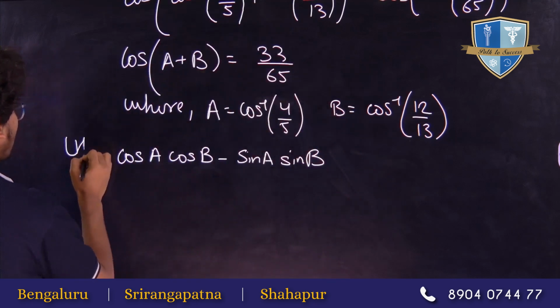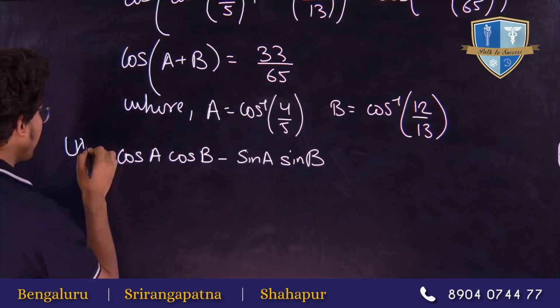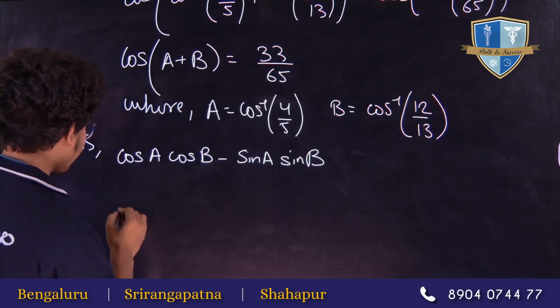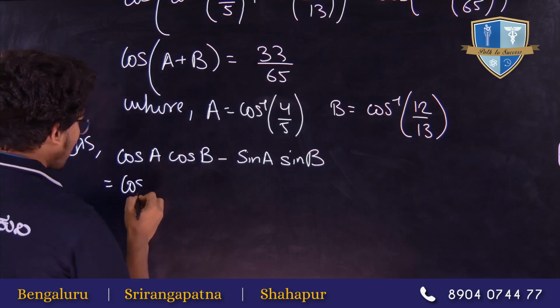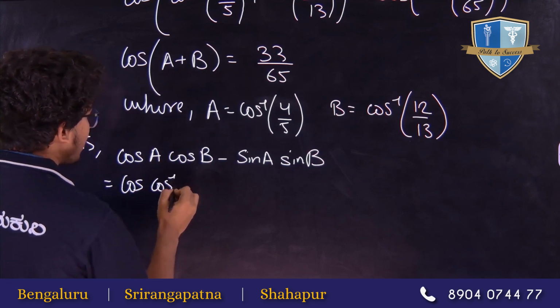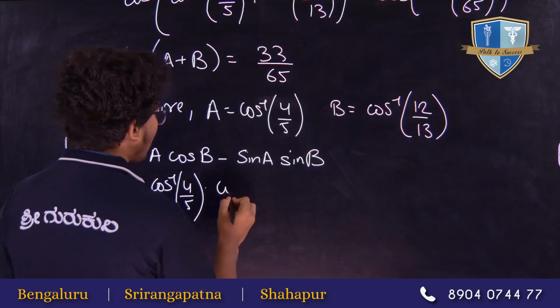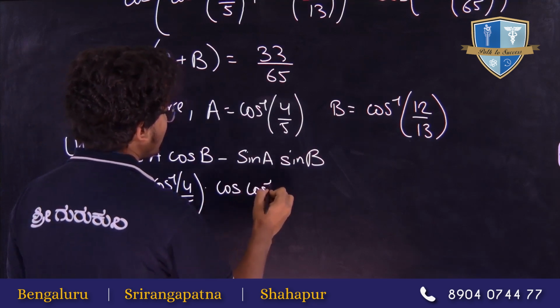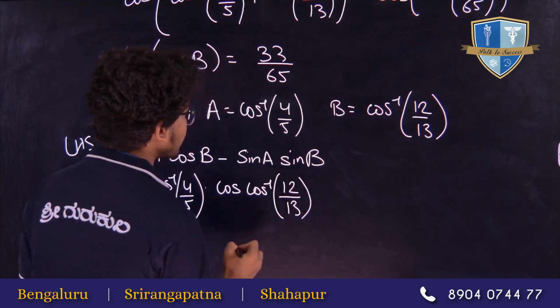We are solving for LHS and we'll prove that this LHS is equal to RHS, which is 33 by 65, correct? So this is our LHS. Now cos of A is this: cos of cos inverse of 4 by 5 into cos of cos inverse of 12 by 13, correct?